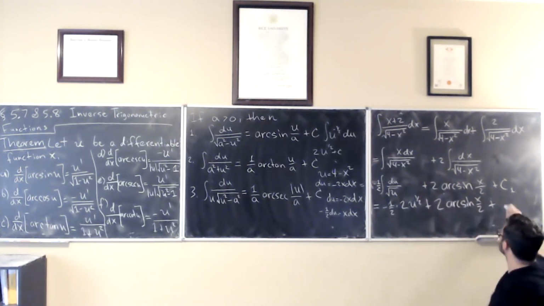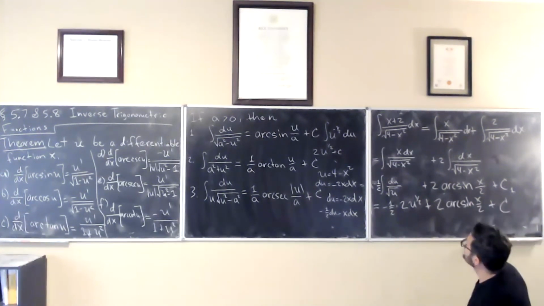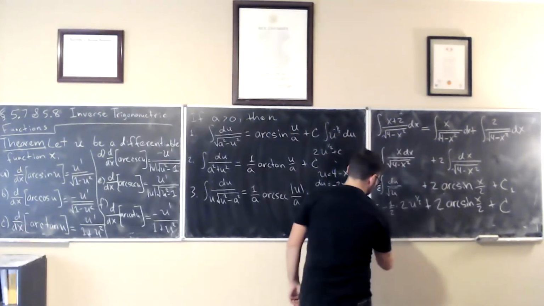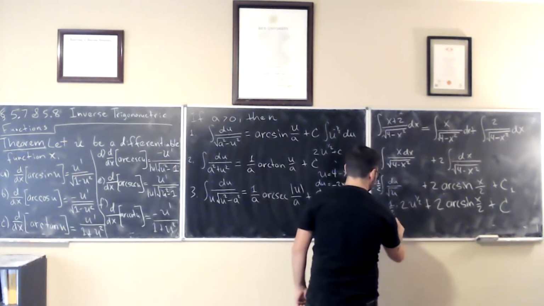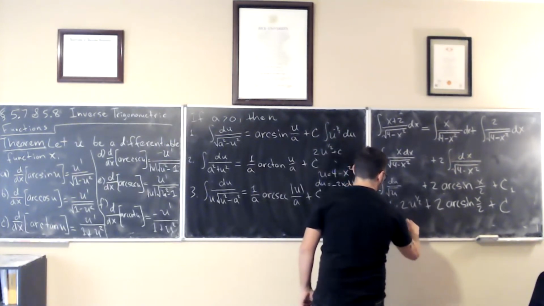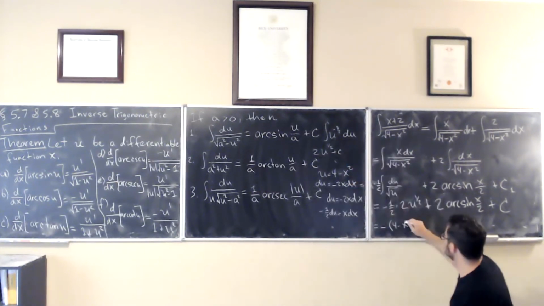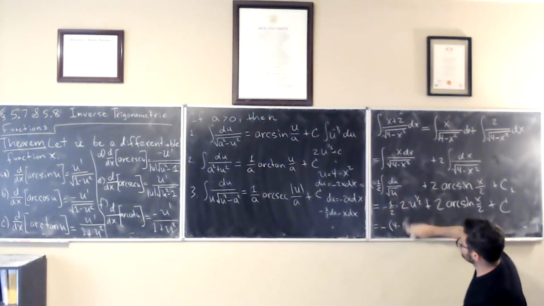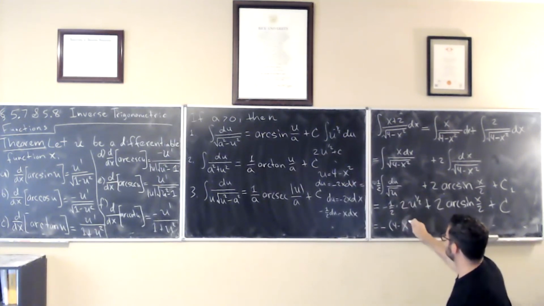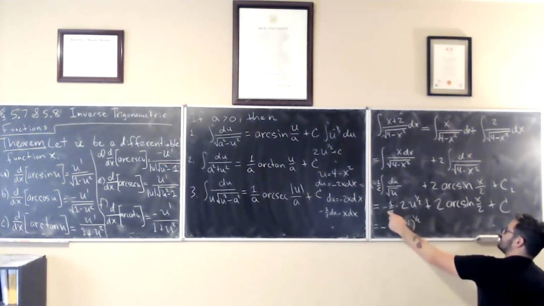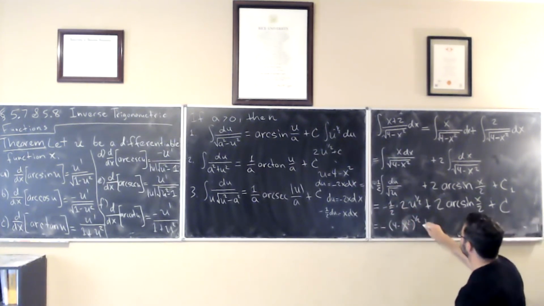I can combine the constants of integration now. But then what is u? U is 4 minus x squared. So then we're done. This would be negative 4 minus x squared, all to the power of 1/2, because that 2 times negative 1/2 just leaves a negative.